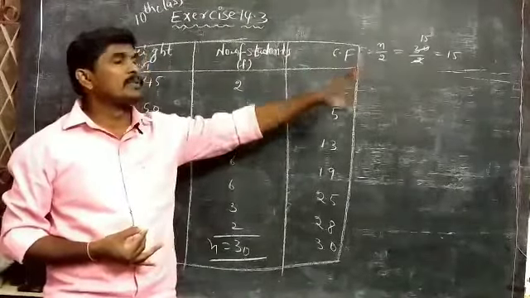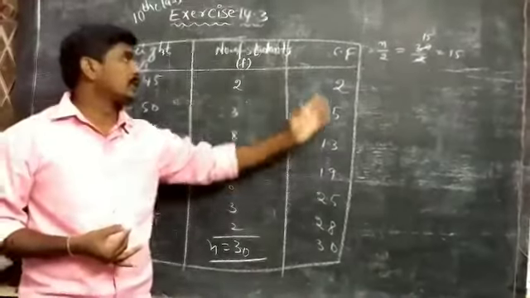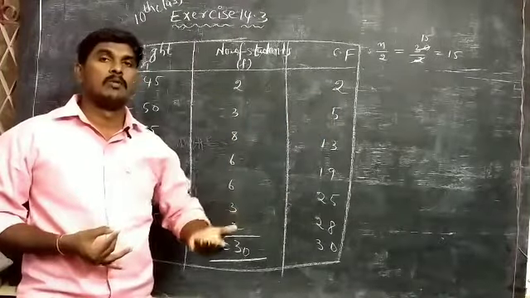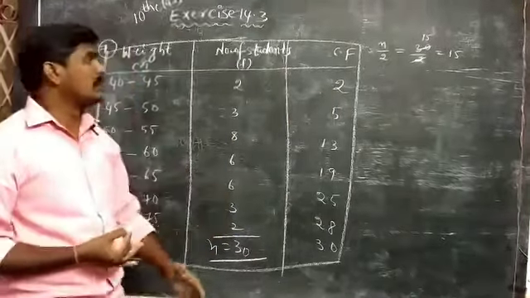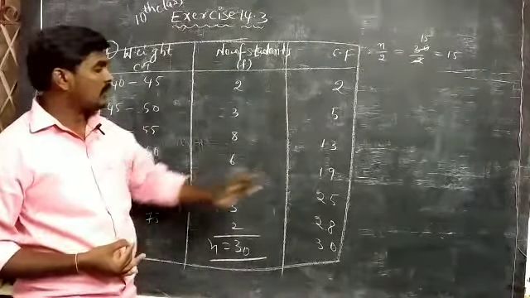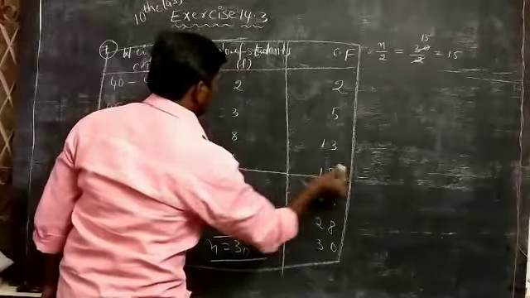So the n by 2 value is 15. Near that number in the cumulative frequency column, we look for a number equal to it or more than it, the nearest number. That number is 19. The class interval opposite 19 is the required median class interval.